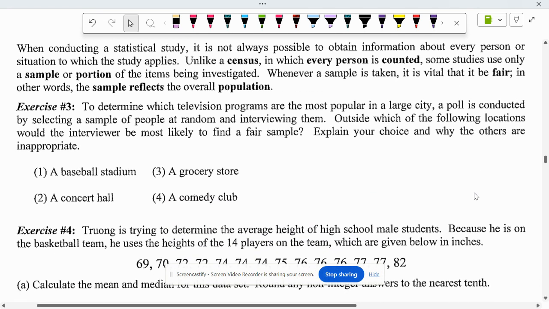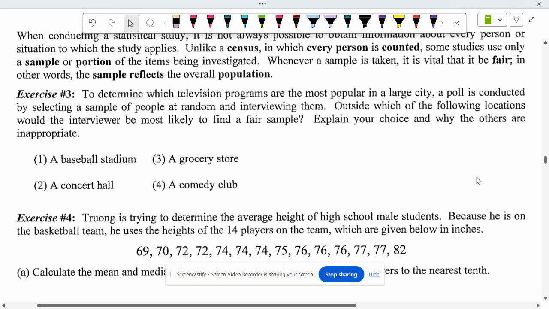So we're going to determine which television programs are the most popular in a large city. And so a poll is conducted by selecting a sample of people at random and interviewing them. Outside which of the following locations would the interviewer be most likely to find a fair sample and explain your choice? So let's just talk about at a baseball stadium.